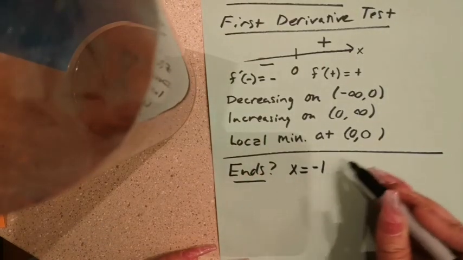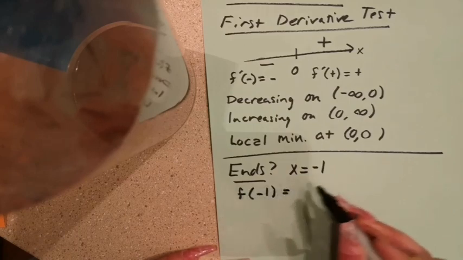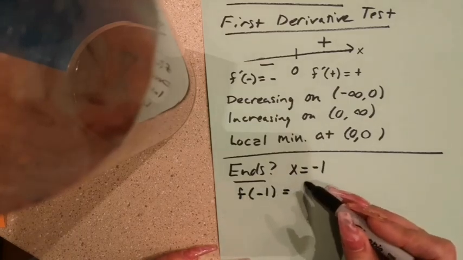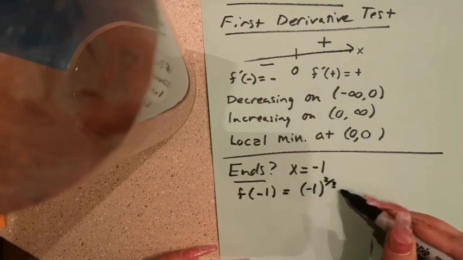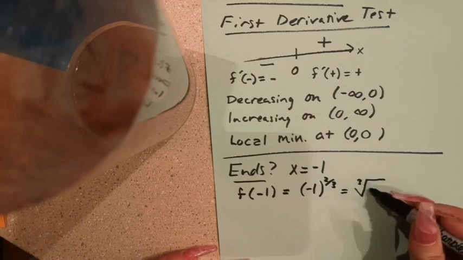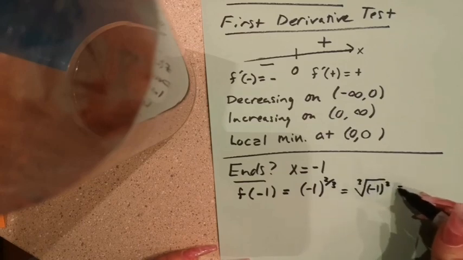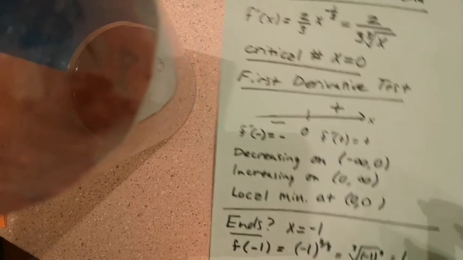What happens if I plug -1 into the function? That's (-1)^(2/3), the cube root of (-1) squared. That's just the cube root of 1, which is 1.